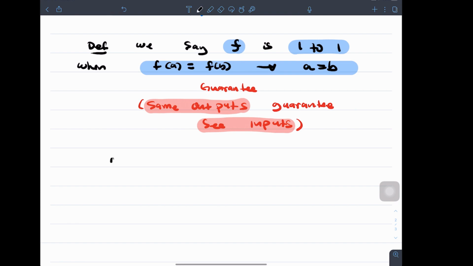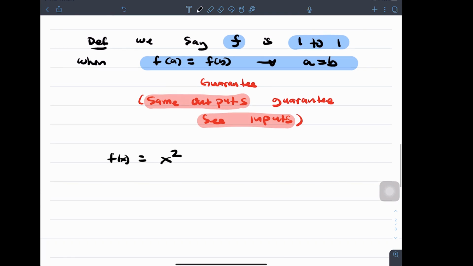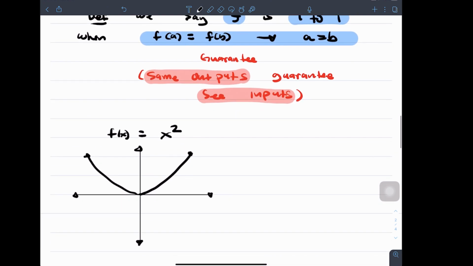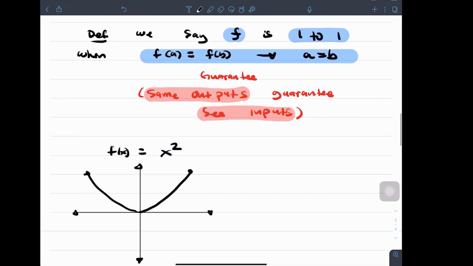Okay, so here's the function that is not 1 to 1. You guys know the graph of which, that's the parabola. This is our definition. You say, well, why is this not 1 to 1?